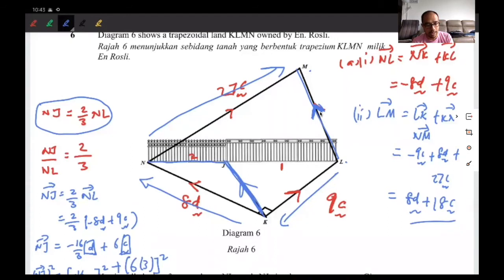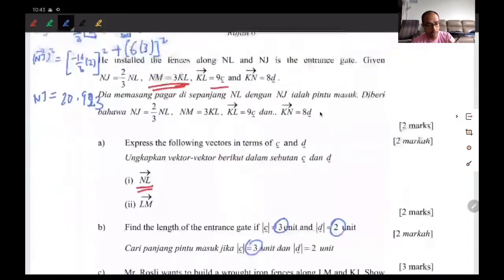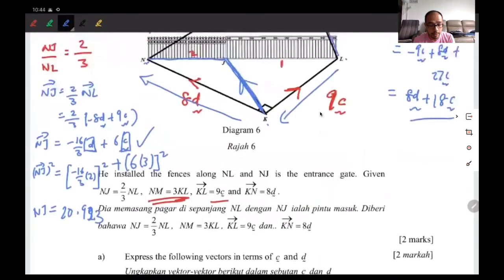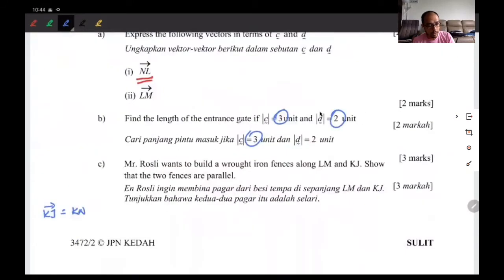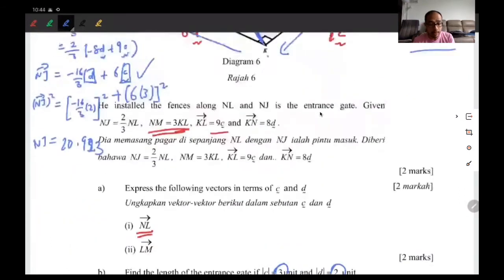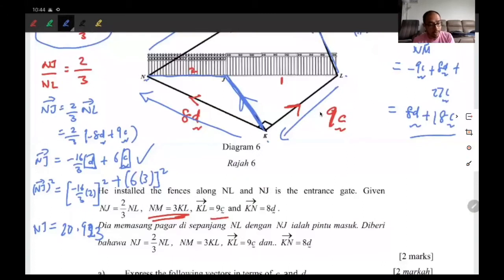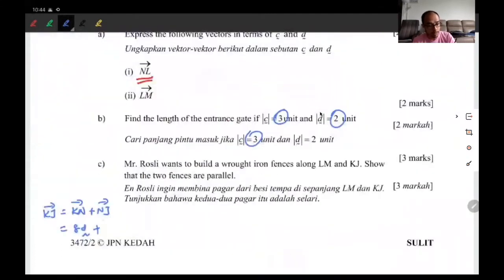KJ is KN plus NJ, and we have NJ over here. KN is 8D, plus NJ, which is negative 16 over 3 D plus 6C.